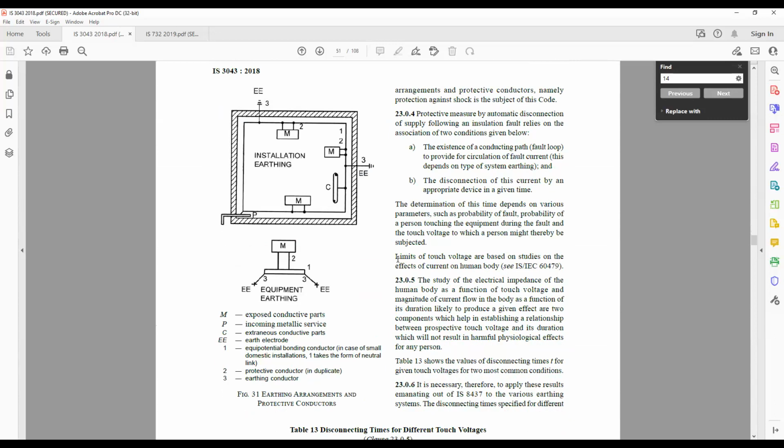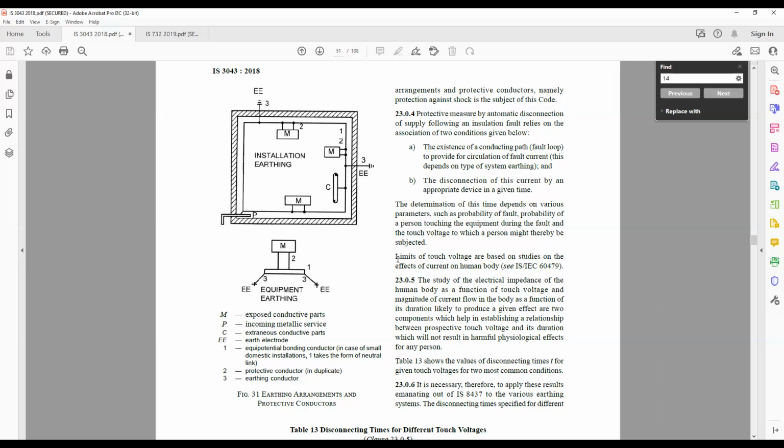Now you see this. On the outer side, you are seeing the wall of the building. Item number 1 is the equipotential bonding conductor. Equipotential bonding conductor is the old name. Now it has been changed to MET, main earth terminal. It is nothing but a bus bar running all around the building along with your power cables, phase and neutral cables. One run. So item number 1 is the ring which is outside. And you see item number 2, protective conductor in duplicate.